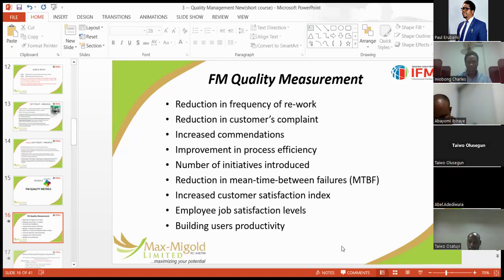Then another measure is the improvement in process efficiency. You are running a particular process, for example, the request handling process. When you raise a request, the FM picks it up, scopes the work, and assigns it to the technician. The technician goes to execute the work, and the customer approves the work and all that. Is that process working? There may be a process where you need to go to your coordinator or your manager for approval all the time.